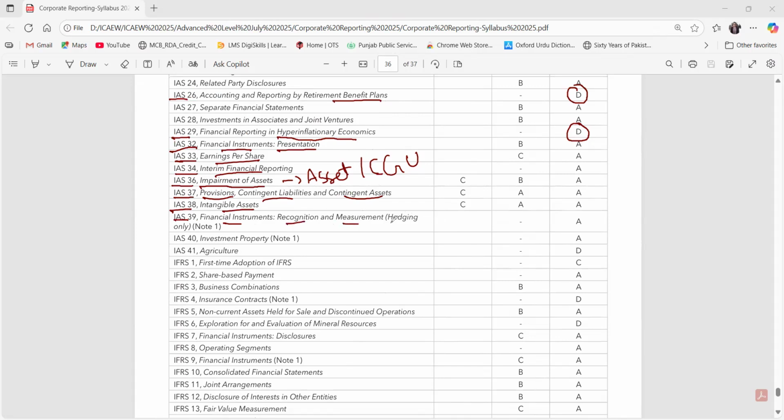It includes just the hedging portion, because in IFRS 9, we are going to talk about financial instruments in a comprehensive manner. What about ECL, expected credit loss? How we are going to record them? What about impairments? What about derecognition? So in financial instruments, we are going to cover all of these topics basically, as I stated.